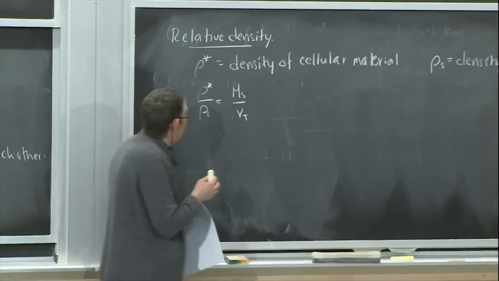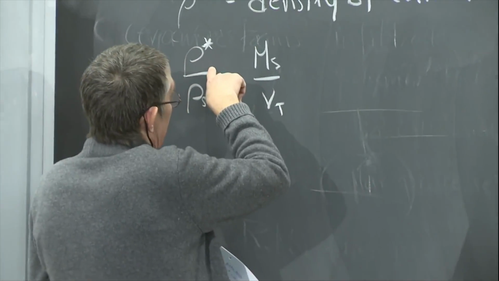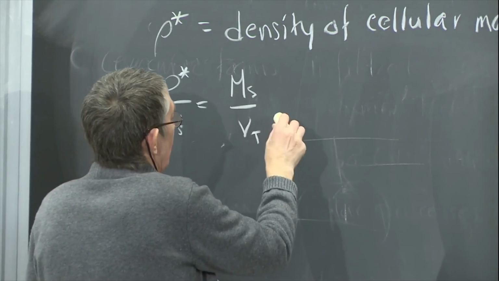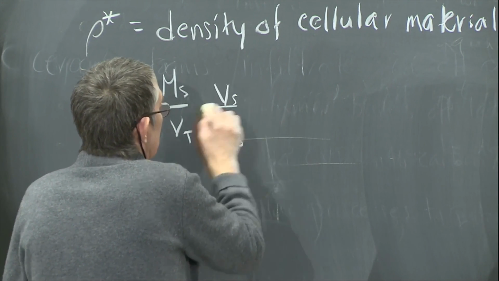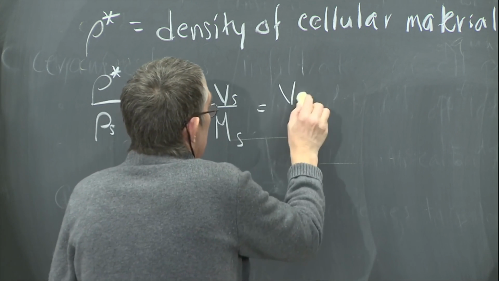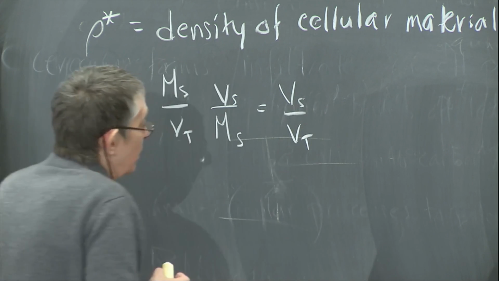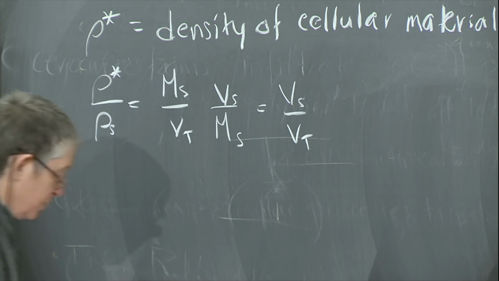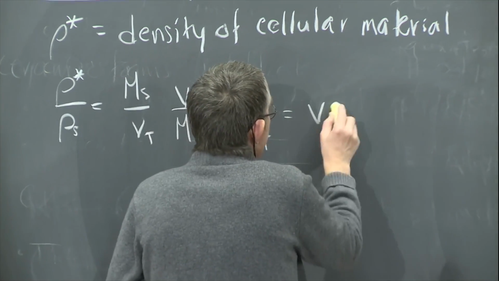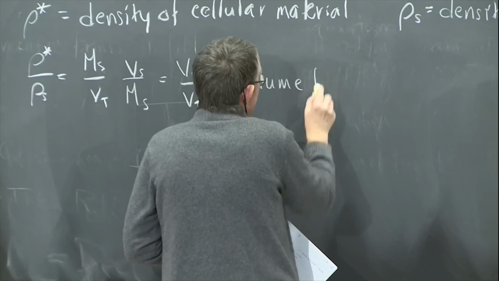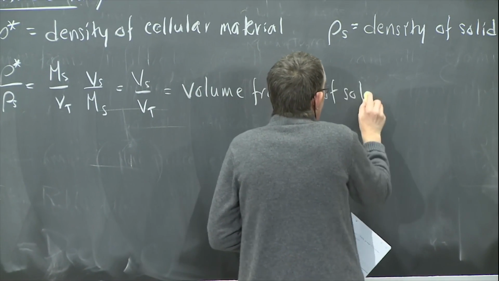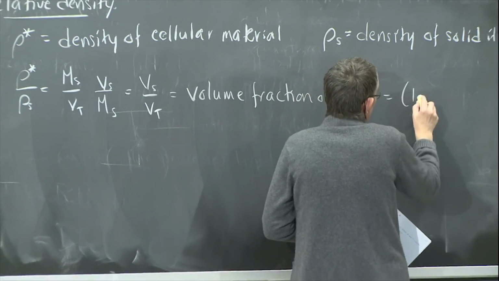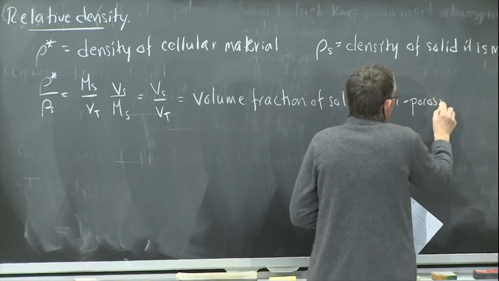There's some total volume of the whole thing. So the density of the cellular material is going to be the mass of the solid over the whole volume. The density of the solid is going to be the mass of the solid over the volume of the solid. So this is really just equivalent to the volume fraction of solids, how much solids you've got. And that's also equal just to 1 minus the porosity.